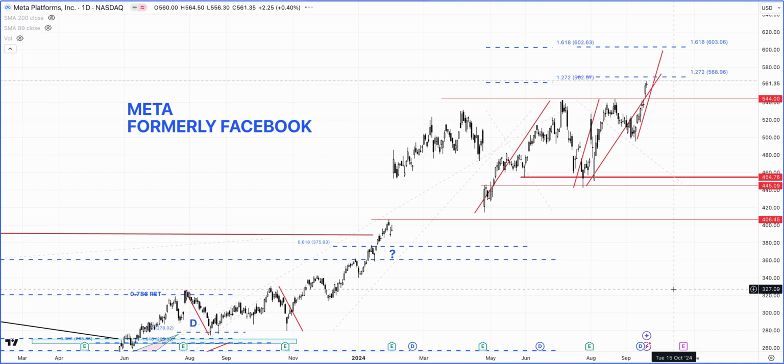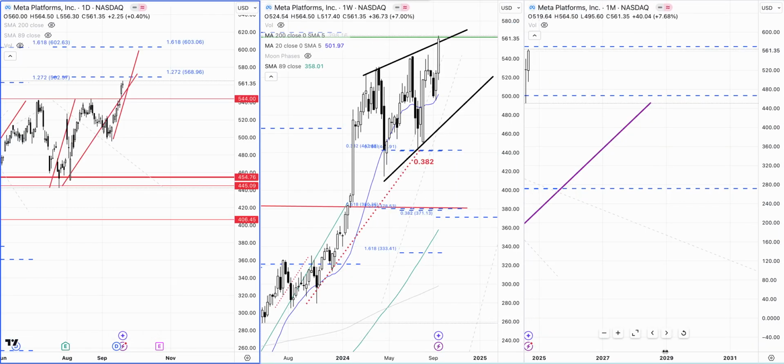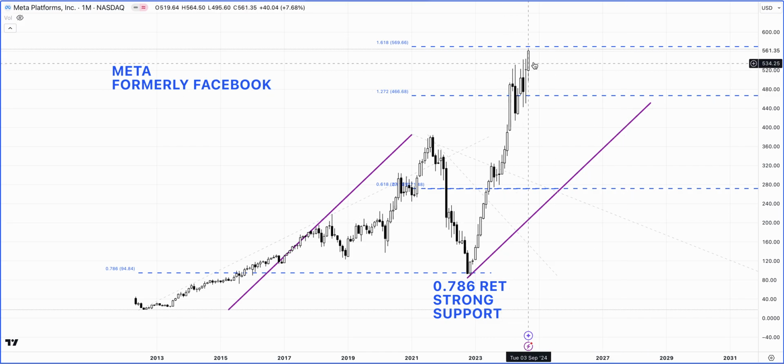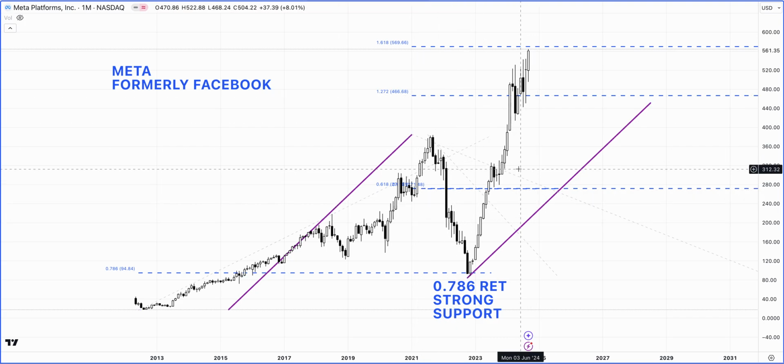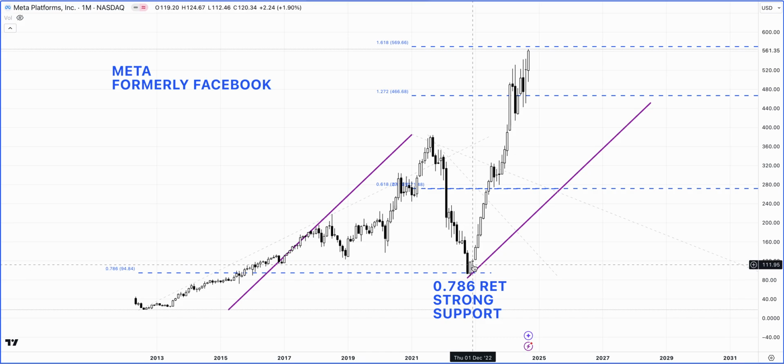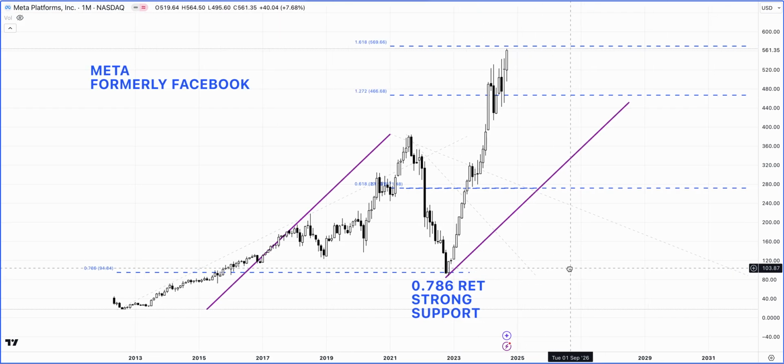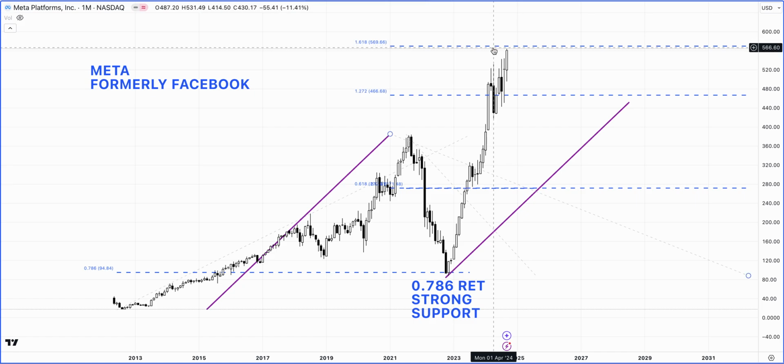But a target also means profit taking, so we could see a pullback from here. So really interesting. I think the next few weeks are going to be very, very interesting, just by taking a look at this monthly chart and this 1.618 expansion coming in. We'll have to wait and see how the market will react. Now, we have had targets before, like here, but the Meta stock is so strong and one of my favorite stocks right now, that it could actually extend beyond it.